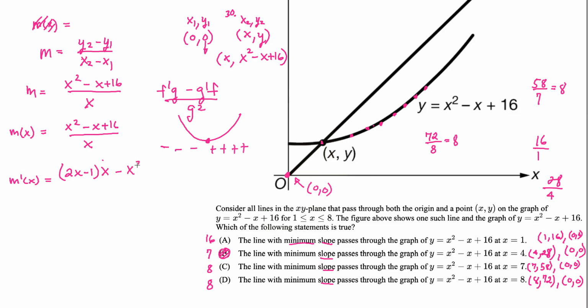So I'm going to distribute the minus, x minus 16, over all of this over x squared. And then this simplifies to 2x squared minus x, minus an x squared, minus a 16, plus an x, over x squared.